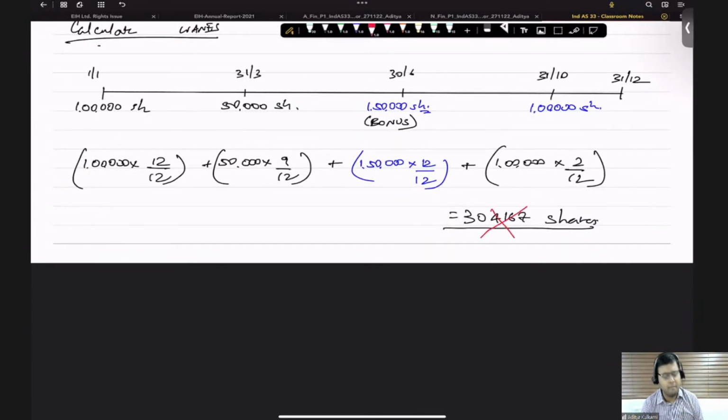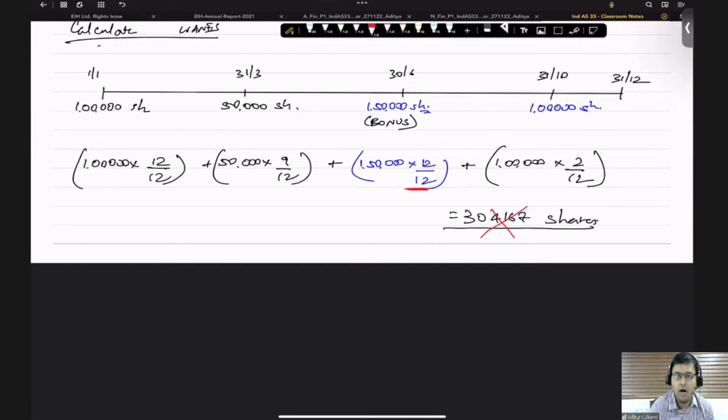Sir, but we did everything just as you said. 1 lakh for the entire 12 months, 50,000 for 9 months. Bonus we have taken right from the beginning. Okay, so what is the problem here? The problem with this answer is you have taken bonus right from the beginning, agreed.